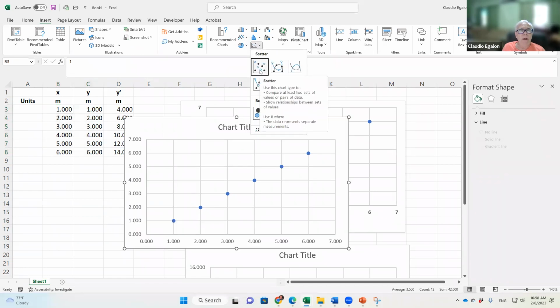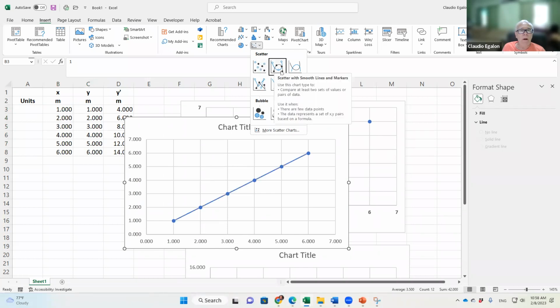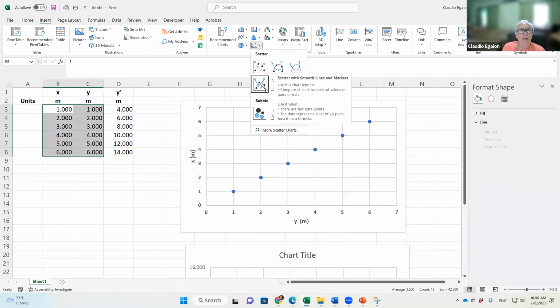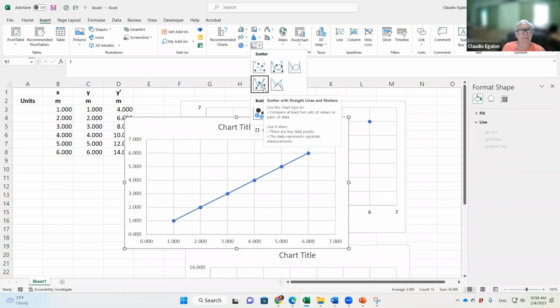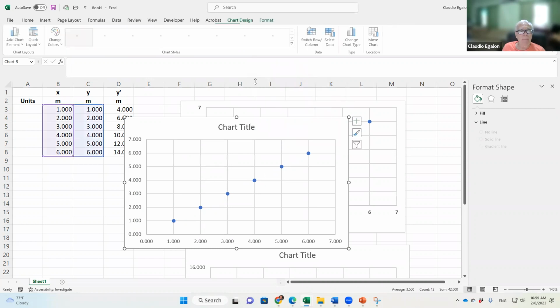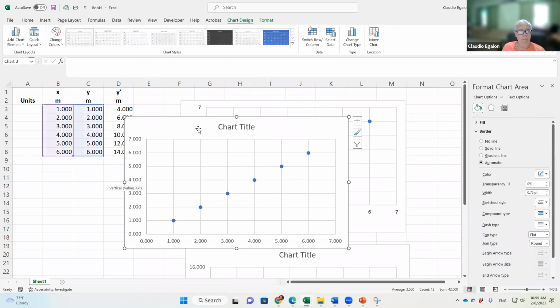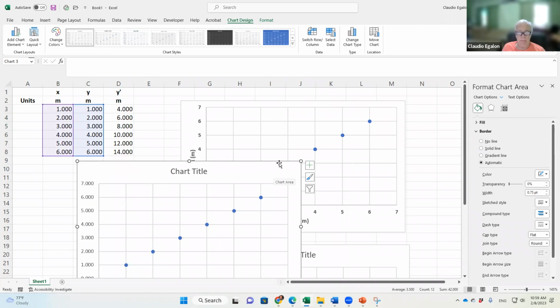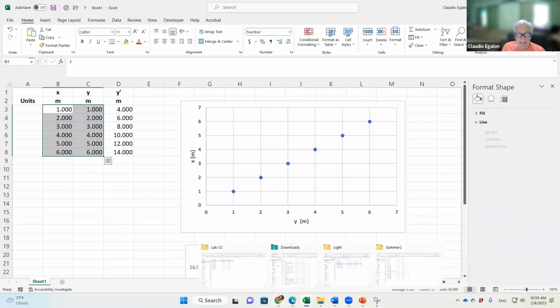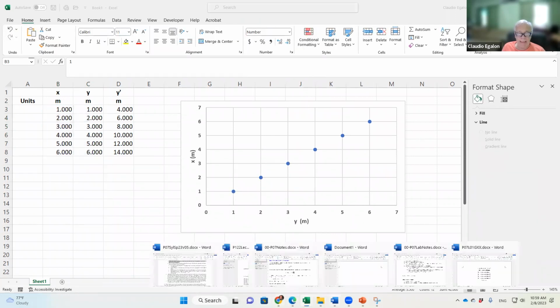You have no lines between the data points, and no straight lines connecting the data points, right? Don't do that in your graph, okay? Always plot the data points, always. That's what I mean in that item.